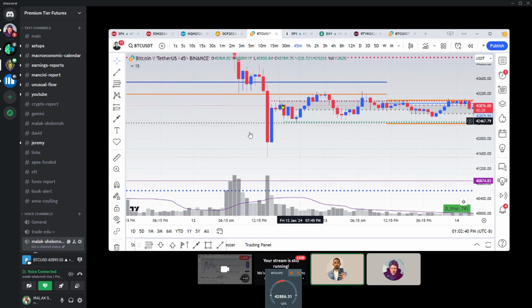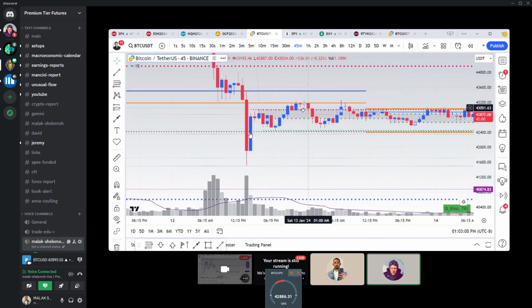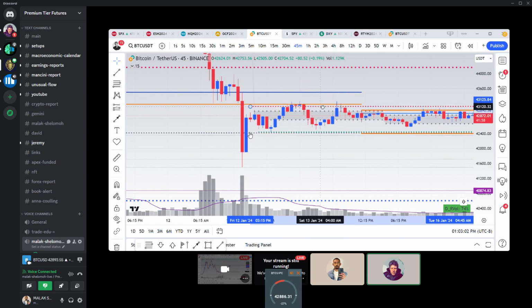Right. So I would put the top of the structure for the automatic reaction there, because that little pullback is all still in the automatic reaction. You would put your structure high here as the automatic rally. Okay, so I'm going to move the line up so we have that marked.